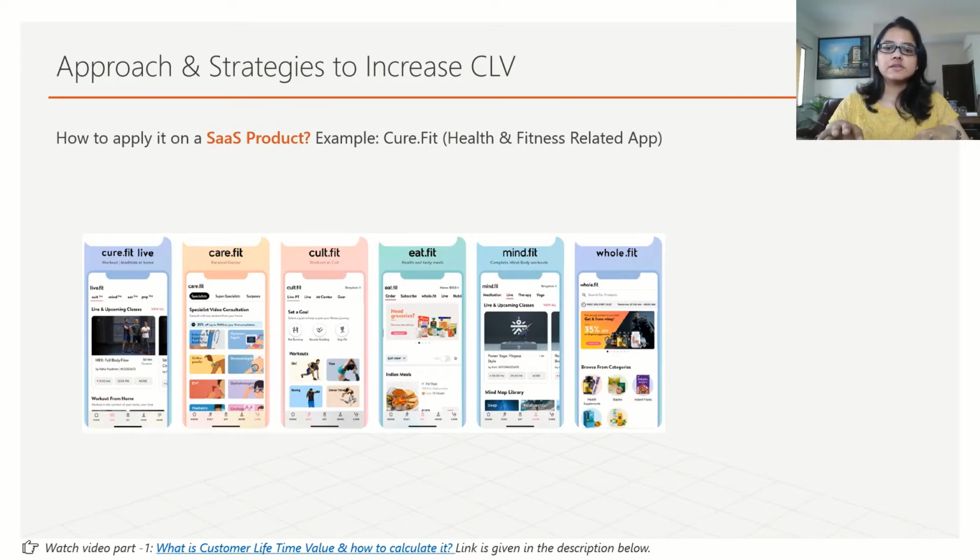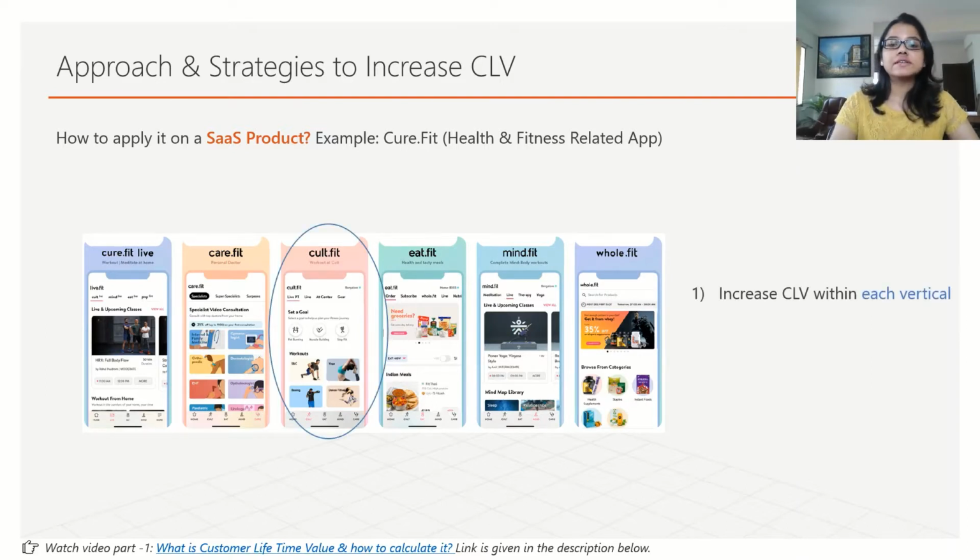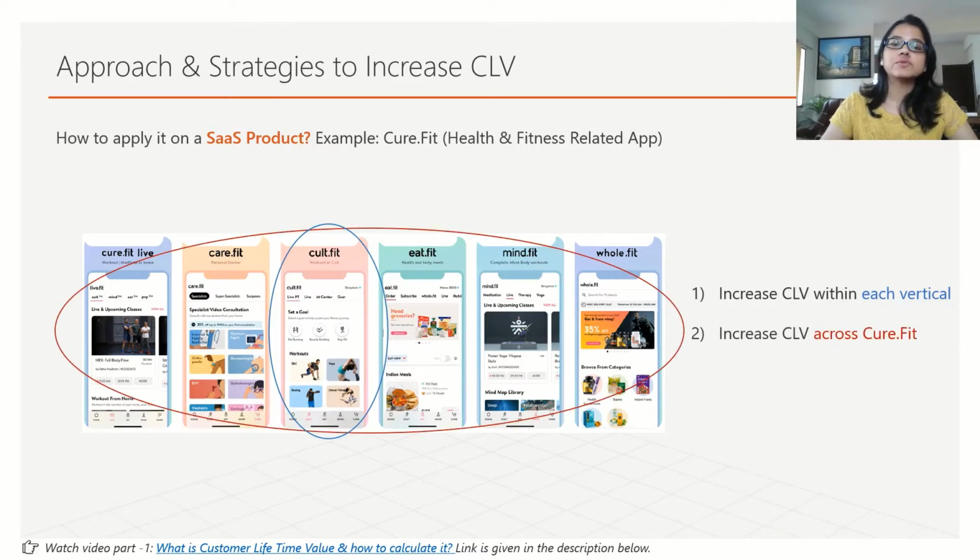And all of these different product offerings are a part of their ecosystem through their application. So it can be targeted to increase the CLV of individual vertical, and simultaneously it can also be targeted to increase the CLV across their umbrella brand, which is CureFit.